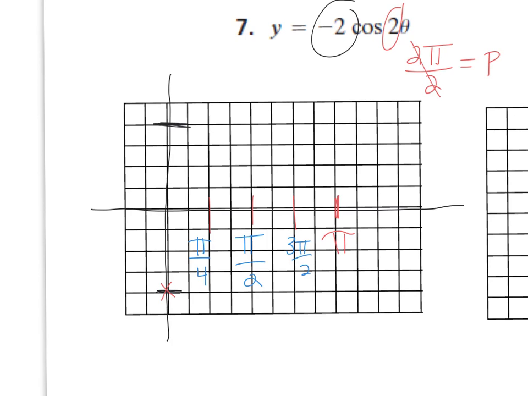I always try to split my cycles up into fourths. Now the cosine, and this is an opposite, is going to start down. So it's going to be minimum, 0, maximum, 0, minimum. And I make it look like a curve like this, and I can keep following that pattern too.